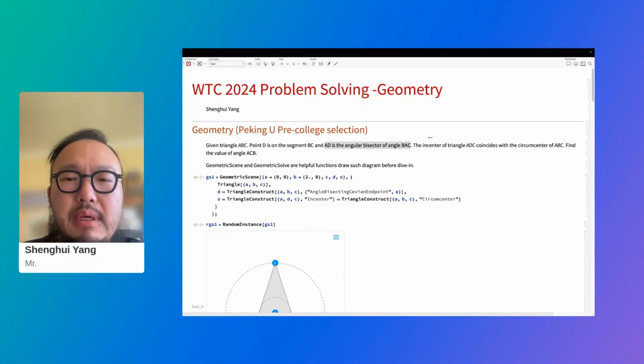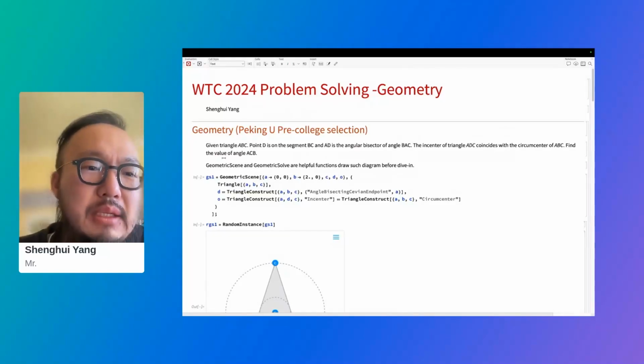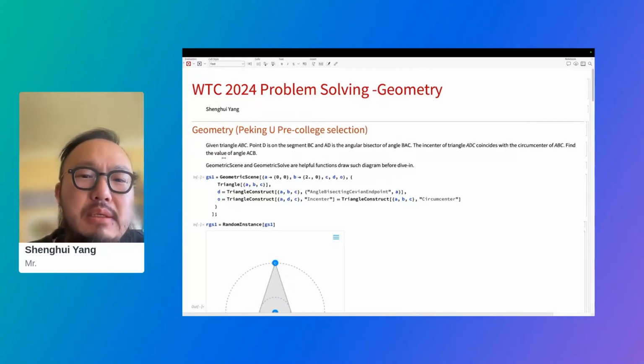And then the incenter of the small triangle ADC coincides with the circumcenter of ABC, which is basically the center of the circle in which triangle ABC is inscribed. And then we are asked to find the value of angle ACB.